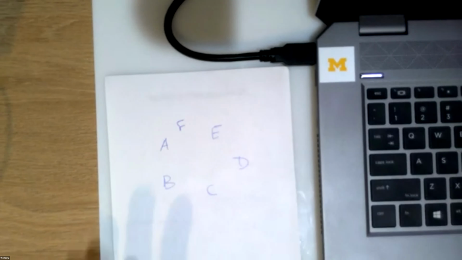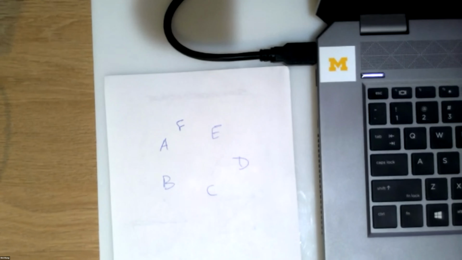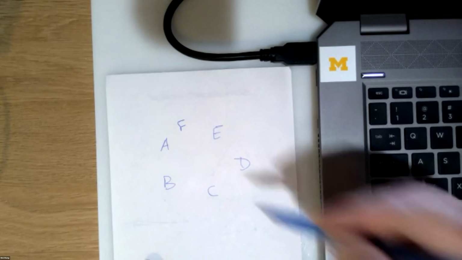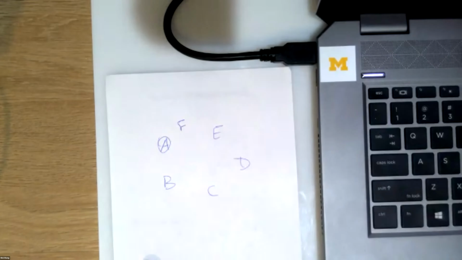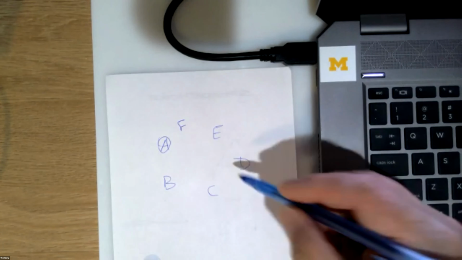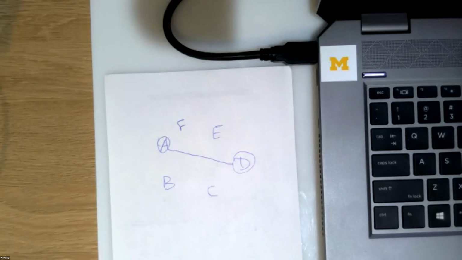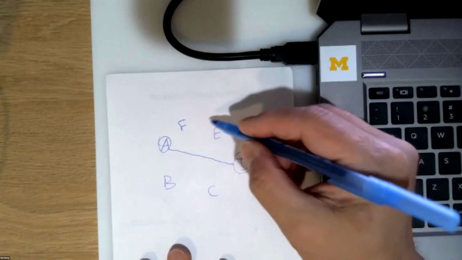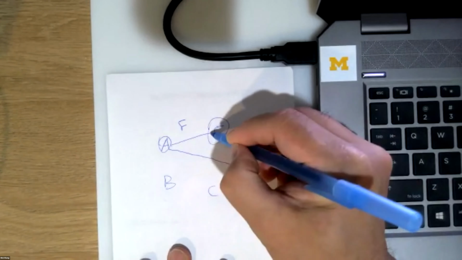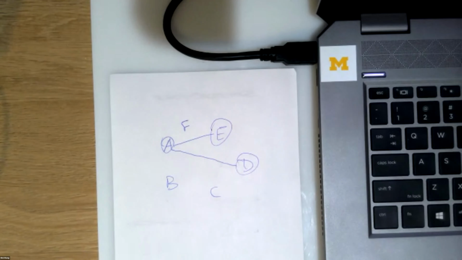I got confused. Okay, thank you. So it says Anne is friend with Deb, so there's an edge there, and also with Eve. And Eve is friend with Anne and Carol.